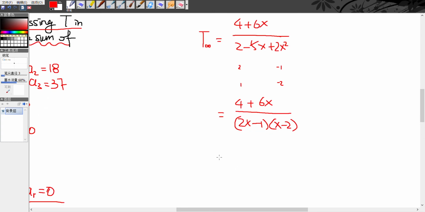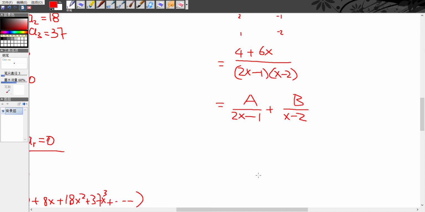And we do the partial fraction: A over (2x minus 1) plus B over (x minus 2). So we have A(x minus 2) plus B(2x minus 1).